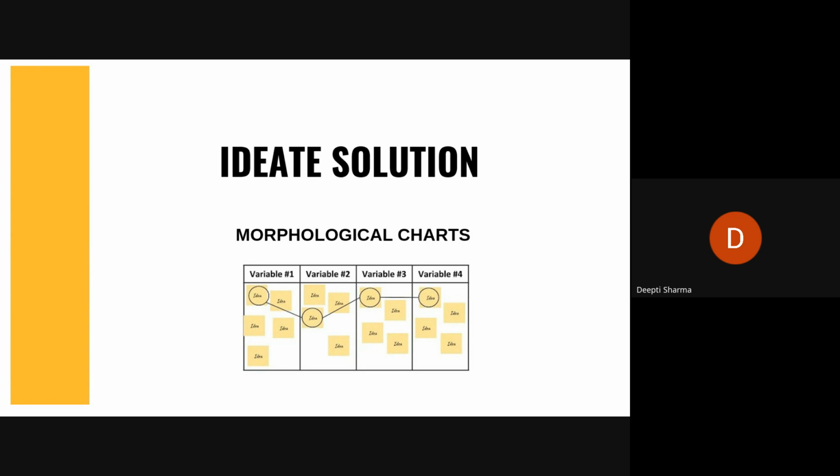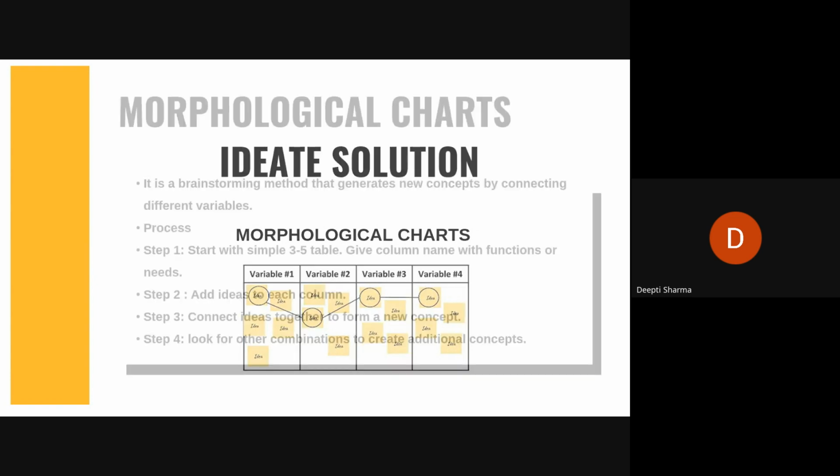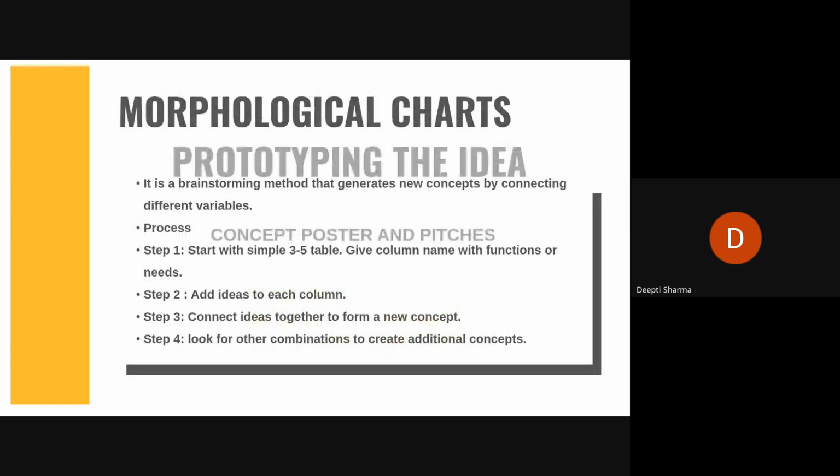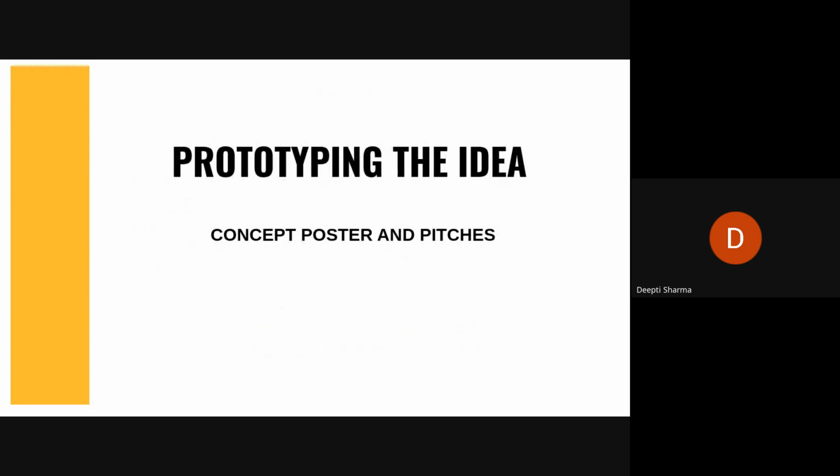On the basis of the subject, we can relate it with the second column variable, and we can further relate it with the third column variable, and further with the fourth column variable and generate new ideas as well. And now next is the prototype phase of design thinking. The concept poster and pitches can be done as a method in prototyping the idea.